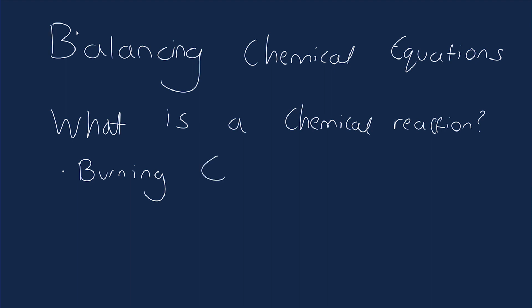That is a chemical reaction because it is a change at the atomic level. Burning carbon involves reacting carbon with oxygen. When you burn coal, the carbon reacts with oxygen, O2, forming carbon dioxide, CO2. So this is a chemical reaction.